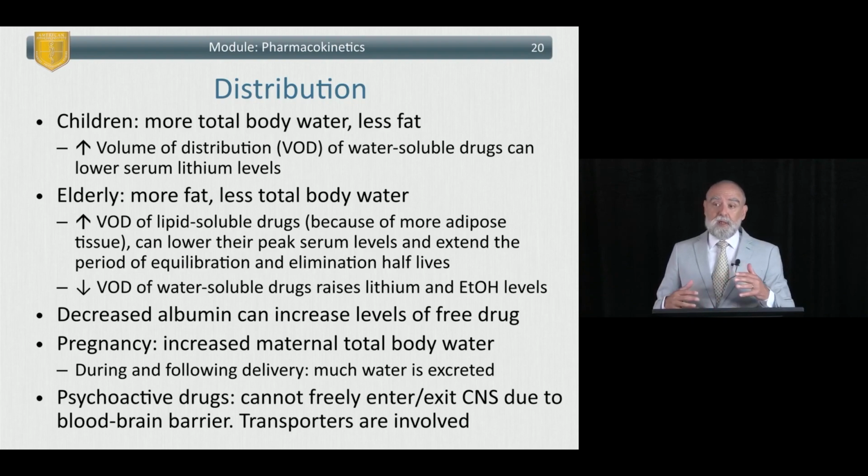And so, a child may need what you would regard as higher than average doses of lithium based on their weight or their size, just because they have a larger volume of distribution. Conversely, elderly people are, on average, just the opposite. They tend to have less total body water and more fat.